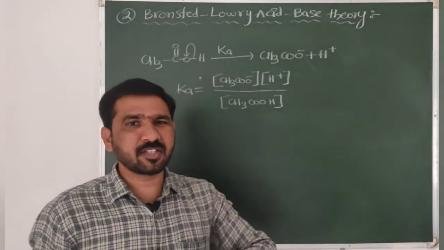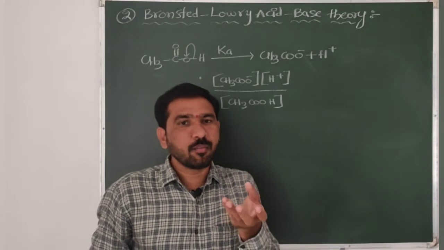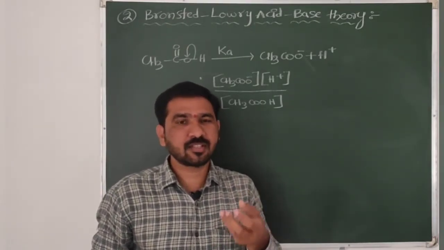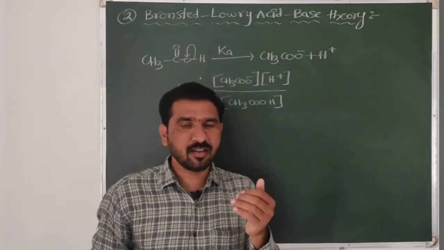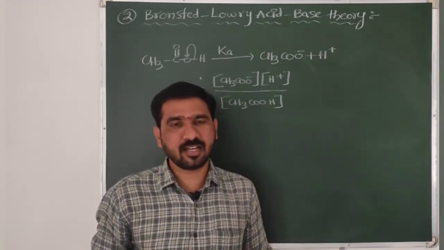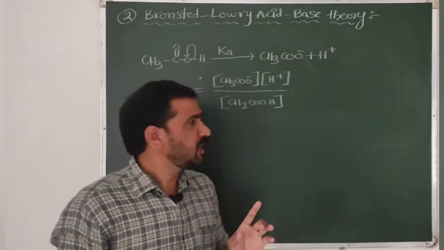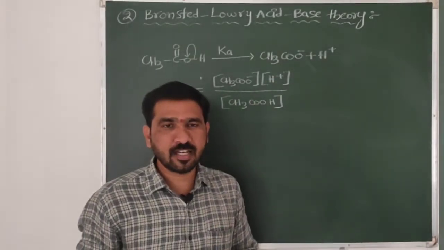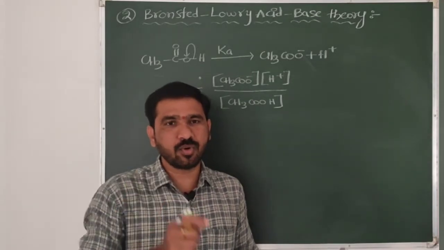The substance which readily donates the proton is more acidic or stronger in nature. The substance which does not readily donate the proton has less acidic nature, that is considered as weak acid. Whatever it is, Ka is directly proportional to H plus ion. That's why if Ka is more, acidic character is more.